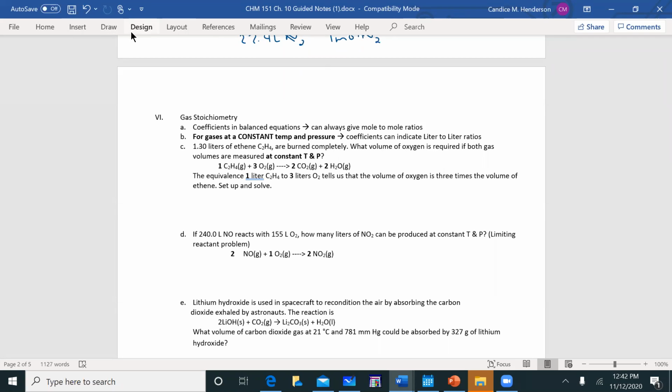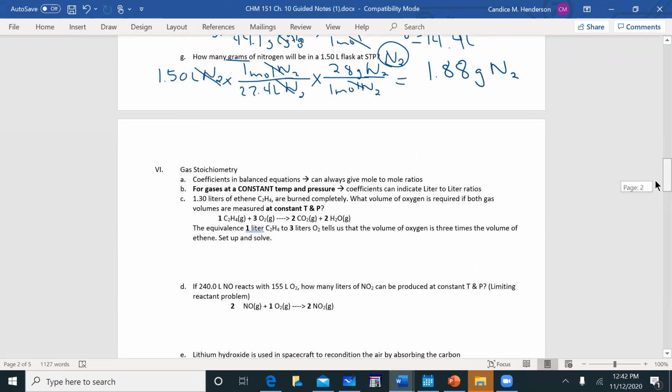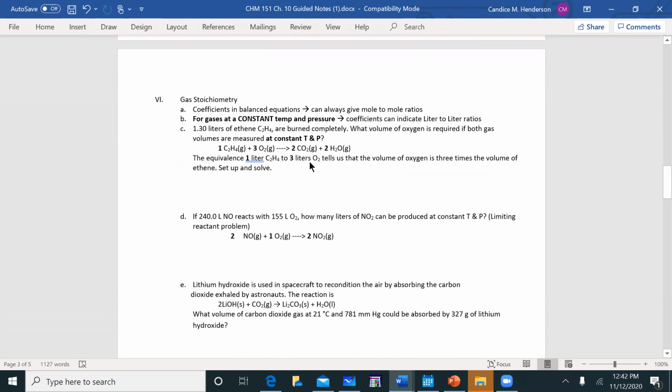So not only are they a mole to mole ratio, but they're a liter to liter ratio. If you want to look at this example here, this is like saying, hey, 1 liter of this gas will combine with 3 liters of this gas, and it produces 2 liters of this gas and 2 liters of this gas. Okay, so take note of that.